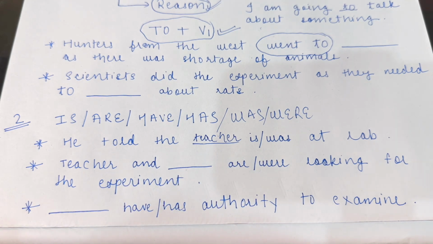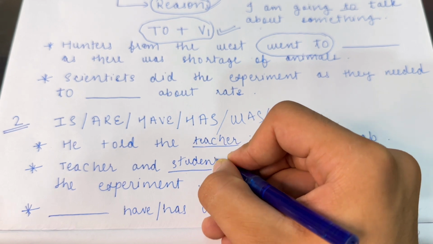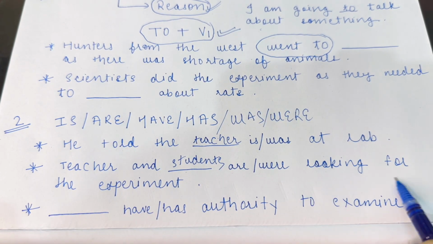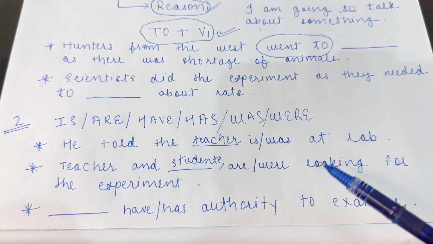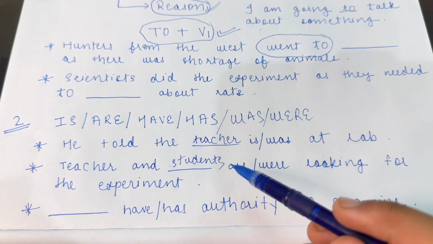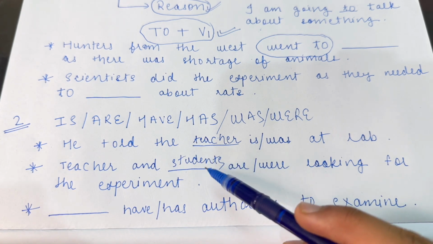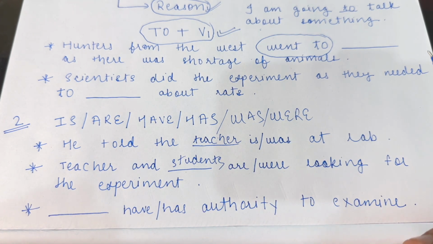Teacher and students are looking for the experiment. Teachers and students were looking for the experiment. So if you have are or were over there, you have to fill in a word that has s with it, or that is plural.